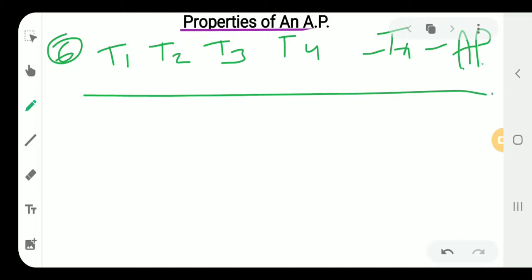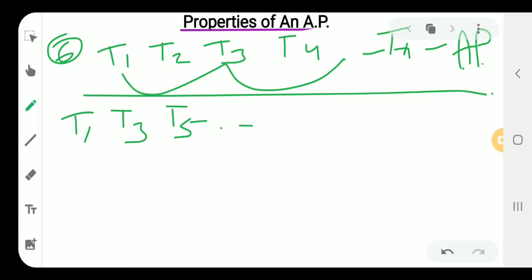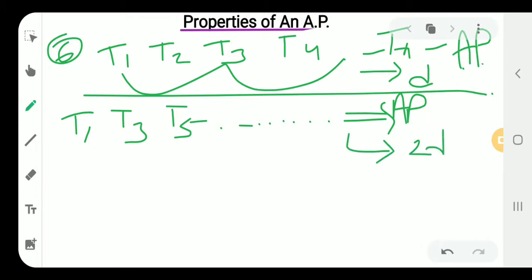Then if we take the terms like T1, T3, T5 and all the odd numbered terms, the resultant will also be in AP. If this AP had a common difference of D, then this AP will have the common difference of 2D.